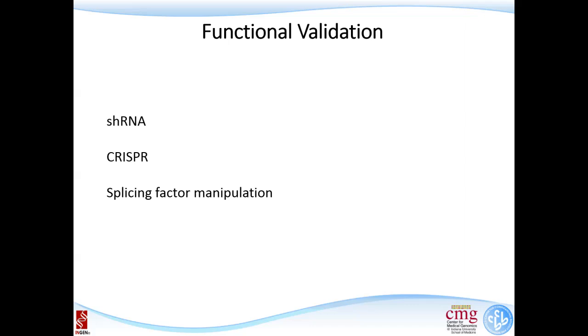But this can be a good option if you're doing a study, for example, in cancer, where you see a particular splicing factor increases in expression dramatically in your cell group compared to another. And there are splicing factors that are associated with cancer whose increased expression can cause things like epithelial mesenchymal transition, metastatic behavior, mast cell proliferation.